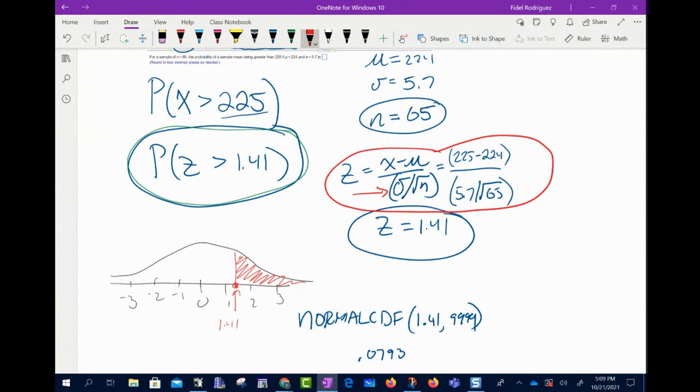And so really the only difference here is instead of saying, oh, we picked one person, we took 65 people, and we said, what's the probability that their average is greater than 225? So instead of saying, let's pick one person, we're saying, what happens if we took a group of 65 people, found their average, and what would be the probability that that average is greater than 225? But the process is still the same. The only thing that's different is how we compute our z-score.